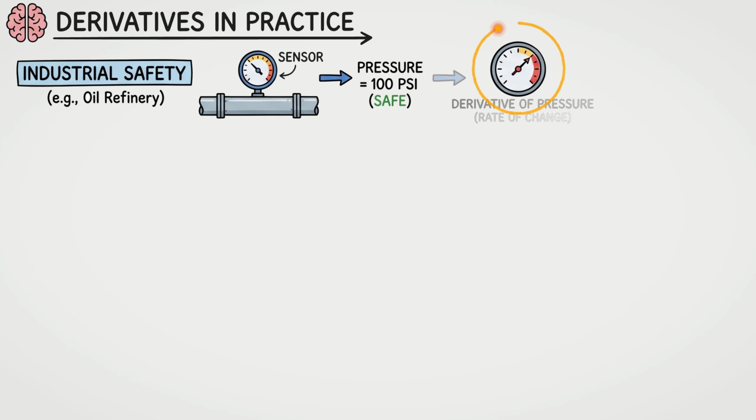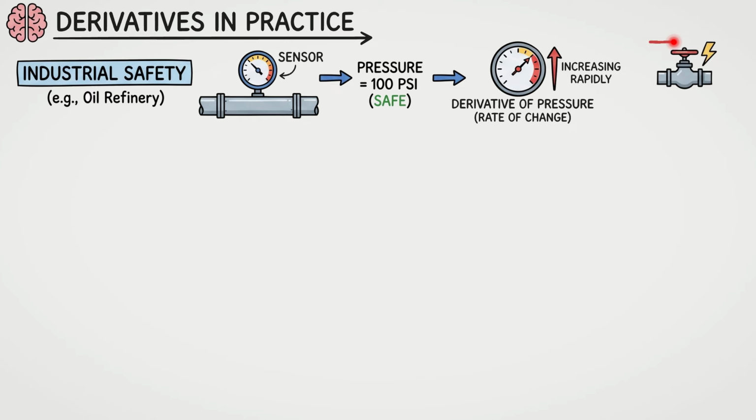However, engineers look at the derivative of that pressure. If the derivative is positive and increasing rapidly, it tells us the pressure is spiking at a dangerous rate. By monitoring this rate of change, the system can instantly trigger a safety valve to prevent an explosion rather than just waiting for the current pressure to hit a critical limit.